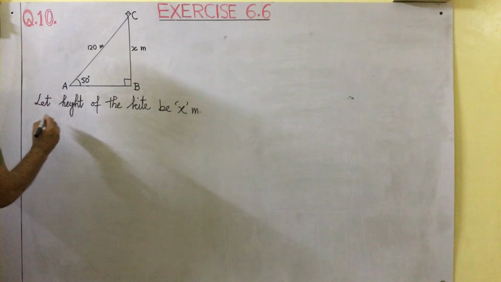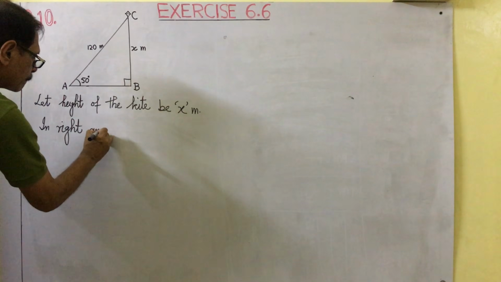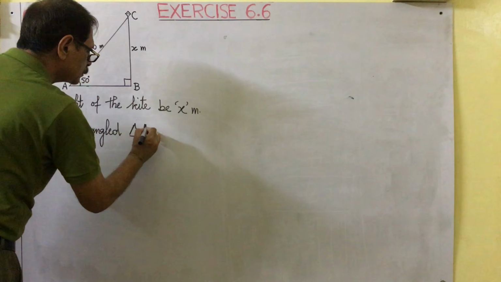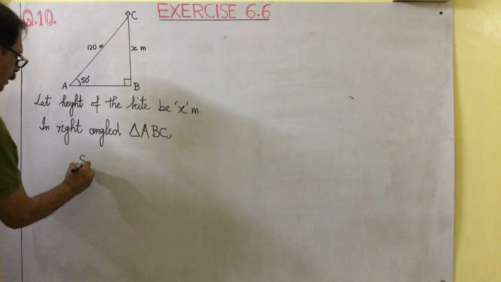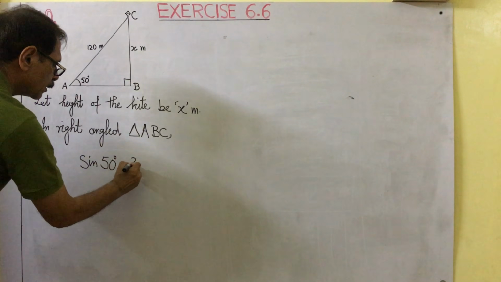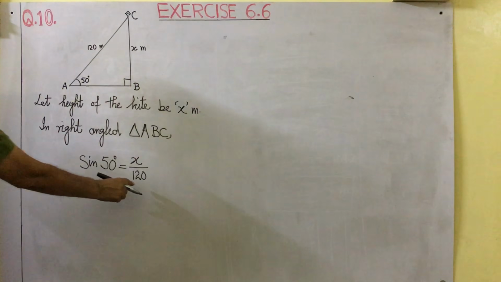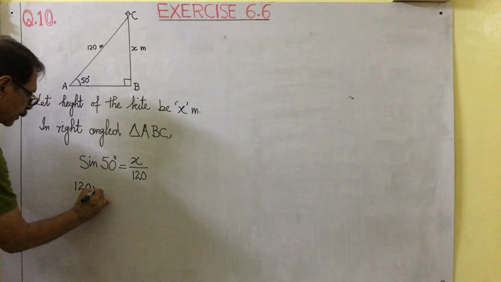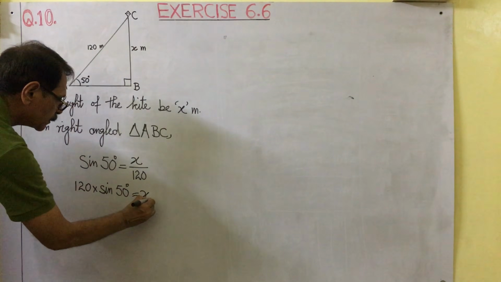In right angle triangle ABC, sine of 50 degrees is equal to perpendicular over hypotenuse. 120 taken to the left hand side, 120 into sine of 50 degrees is equal to x.